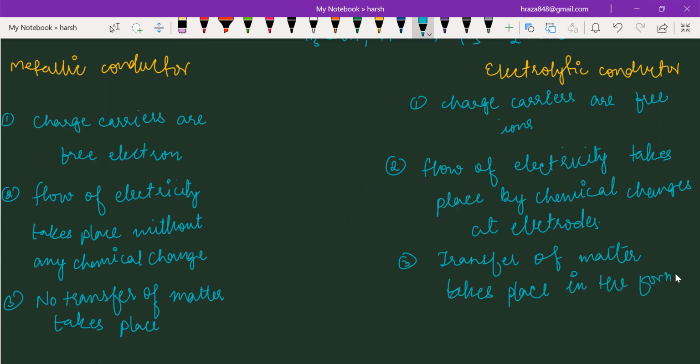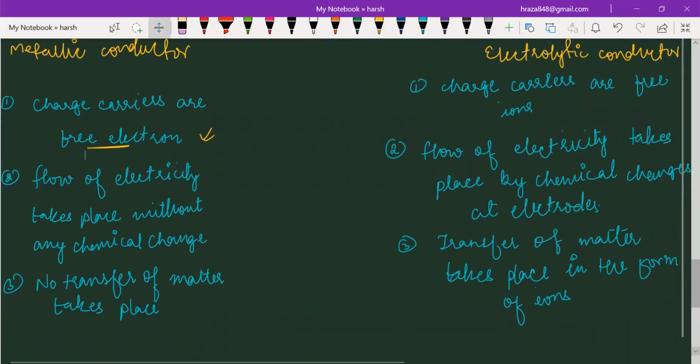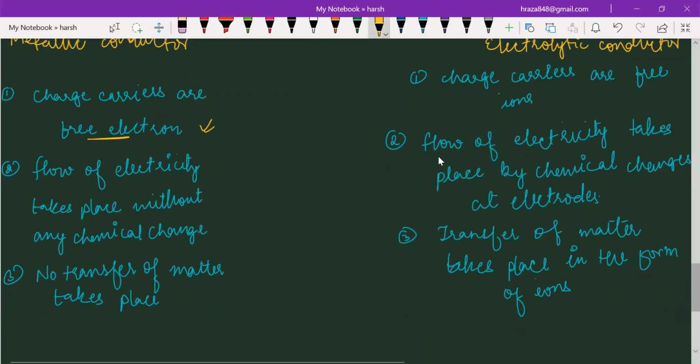In a metal there is only movement of free electrons, and the mass of an electron we take as negligible. But here, flow of ions takes place. That means all the atoms, basically ions, are moving. That's why in the form of ions, transfer of matter takes place.